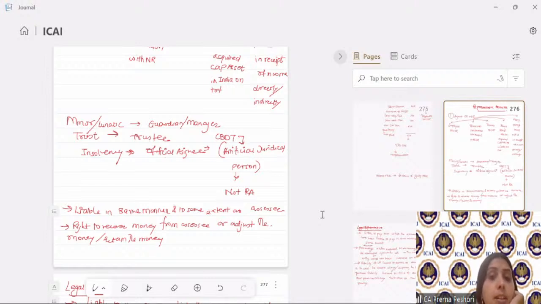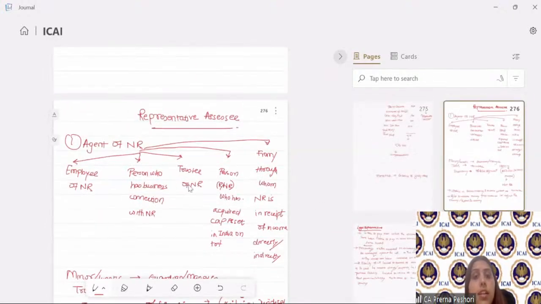In the case where the capital asset is acquired from the non-resident, the agent can be resident or non-resident. In all other cases, they have to be resident only. A resident person can be treated as the agent of a non-resident. Clear?